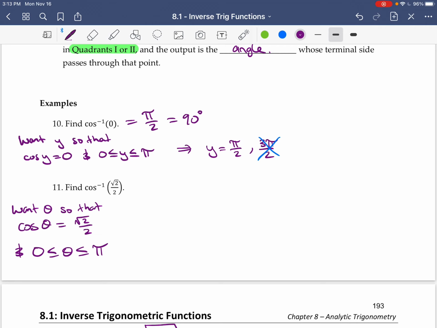Root 2 over 2 is a special angle, so theta is pi by 4 or 45 degrees. And pi by 4 is in the interval 0 to pi, so this is going to be pi by 4 radians.